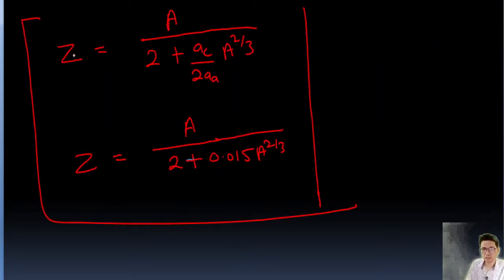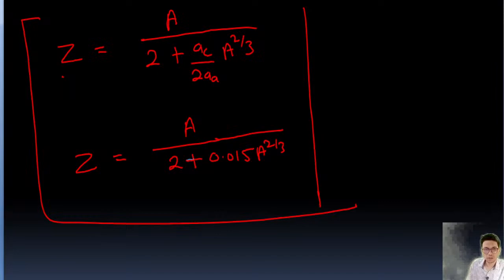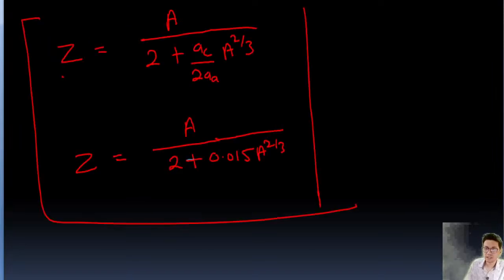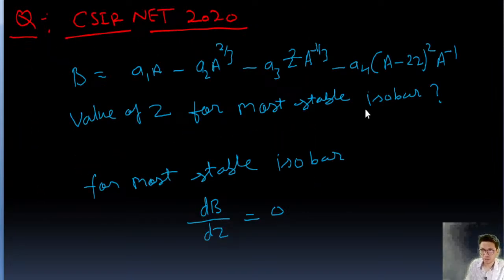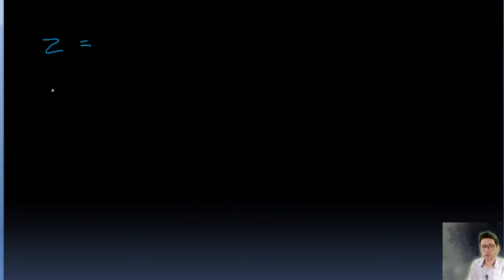So I directly use this formula. And here in this question it is also given that A4 upon A3 is almost equal to 30. So I am going to use this formula.